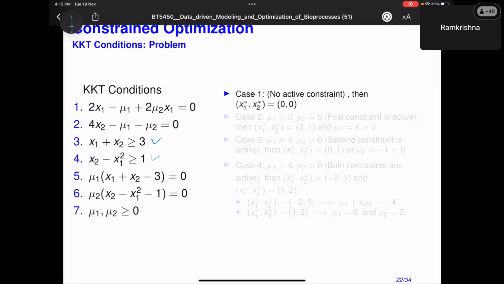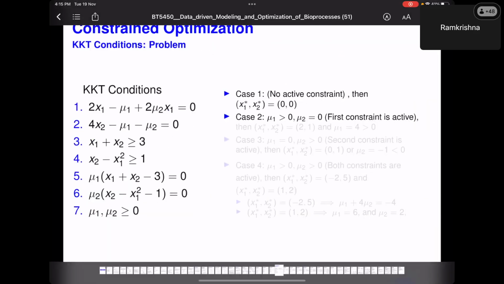So when x1 is 0, x2 equal to 0, is point number 3 satisfied? If x1 equal to 0, x2 equal to 0, is point number 4 satisfied? The answer is no, right? Because 0 is not greater than 3, or 1 minus 1, 0 is not greater than 1. So this is not very useful to me. Okay. So I'm assuming that there will be no solutions where both mu1 and mu2 equal to 0, or that the optima is strictly inside both the constraint sets. So I'm just now searching, right, in an ad hoc way.